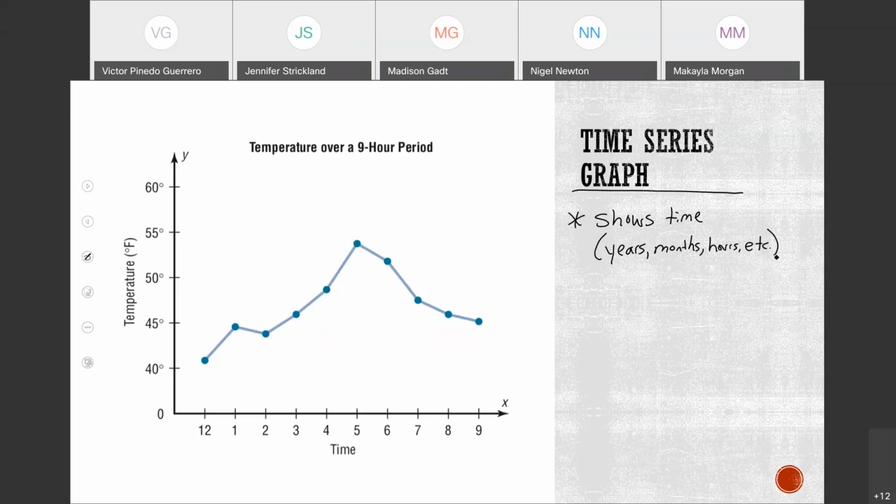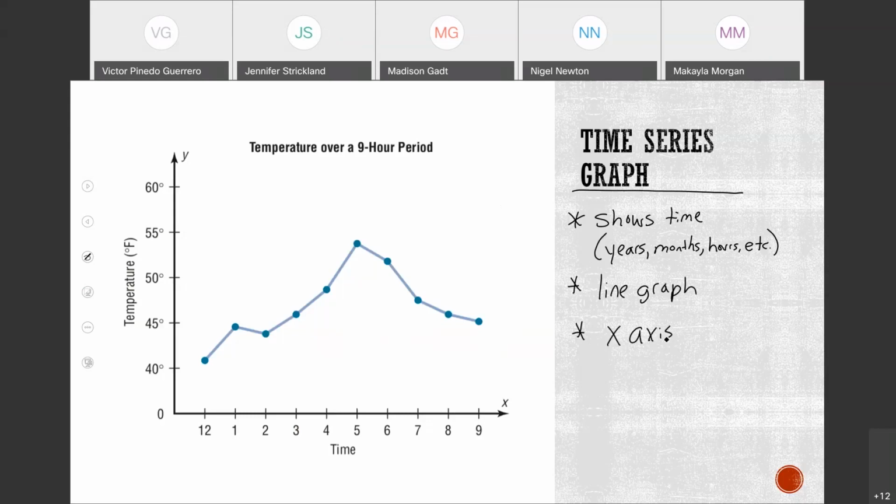And these contain numbers, right? This is definitely going to be numbers all the way through. You can see that it's a type of line graph from the picture. All right, so on the x-axis, you're going to put the time.